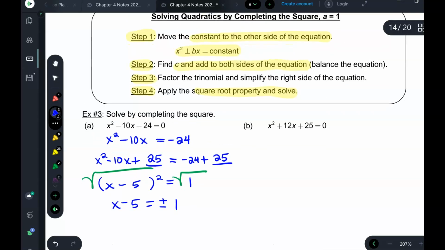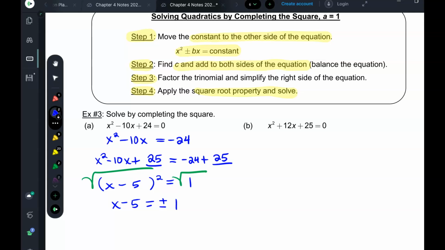Okay, watch. What does my step 1 say? Move the constant to the other side. So I move 24 to the right side. Now I have to figure out how to complete the square. We do half of b, remember what we just did on the previous page? Half of negative 10 is negative 5, and then you get 25.